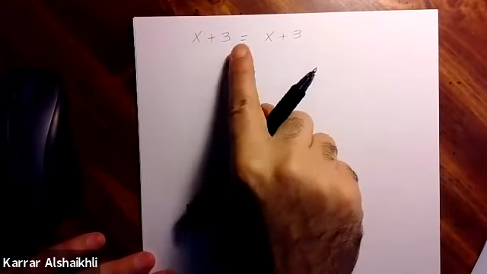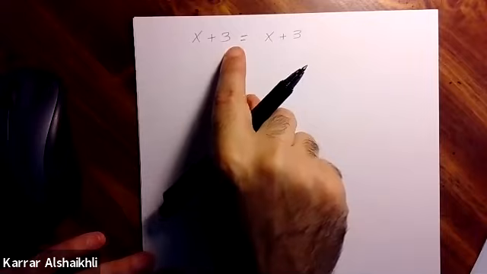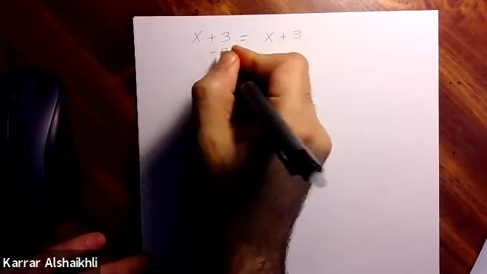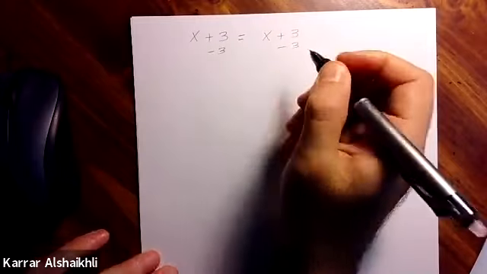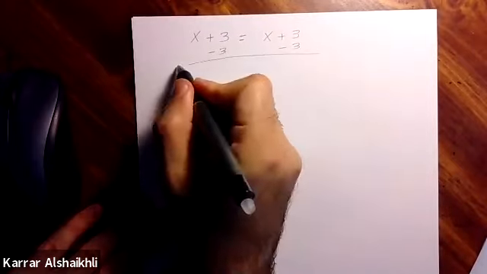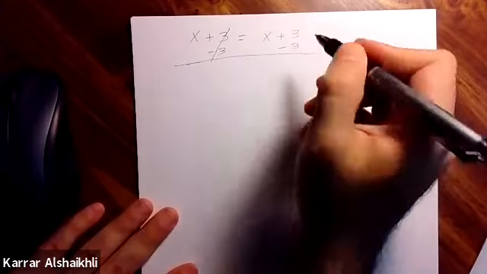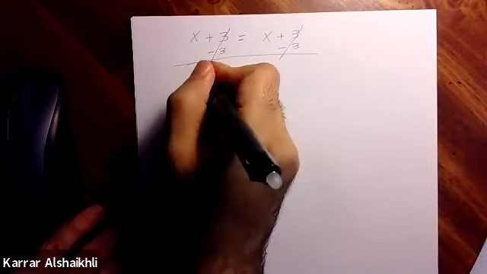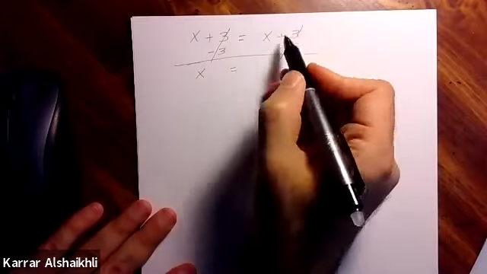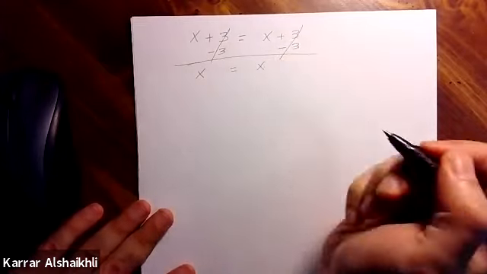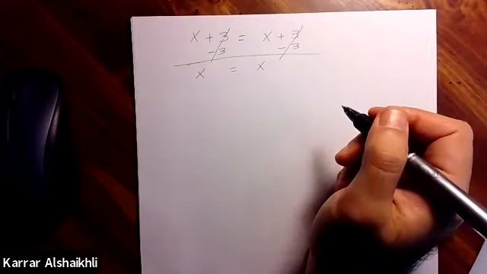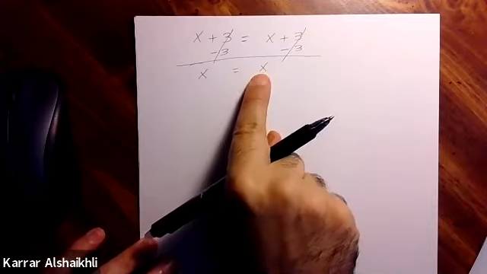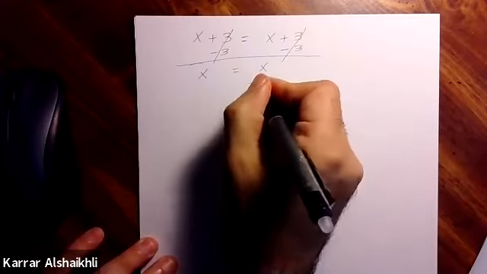So I'm going to move the numbers to one side and the variable to the other side. So I'm going to say -3, -3. Cancel this one, cancel this one. So the leftover from the left side is just x. The leftover from the right side, only x. Now, I need to move the variable from this side to this side. So I'm going to say -x, -x.